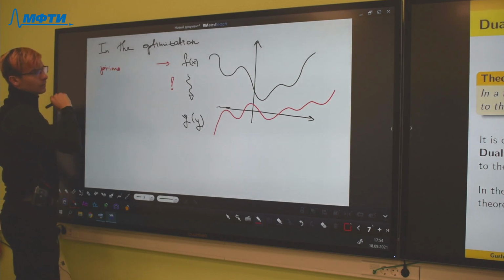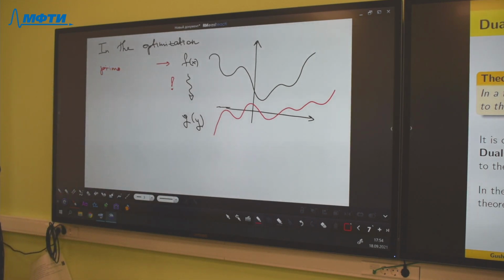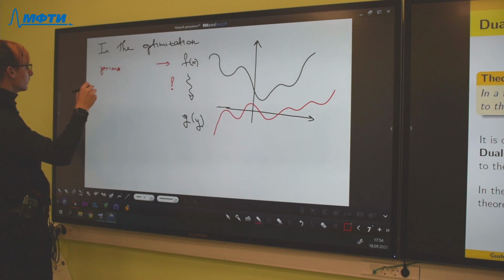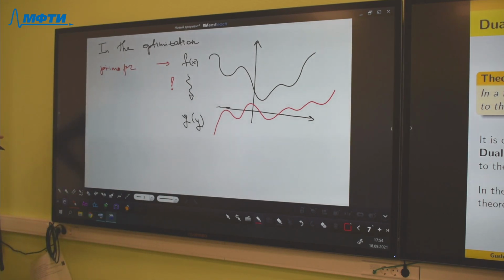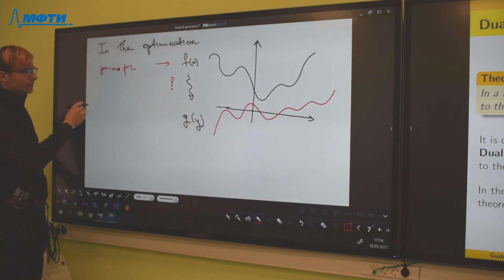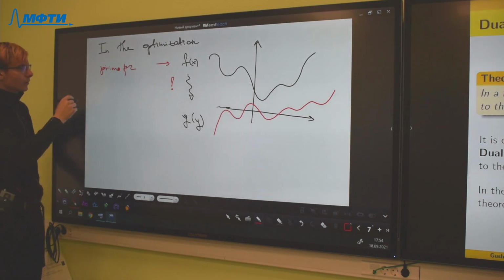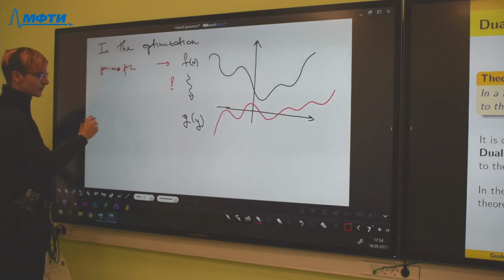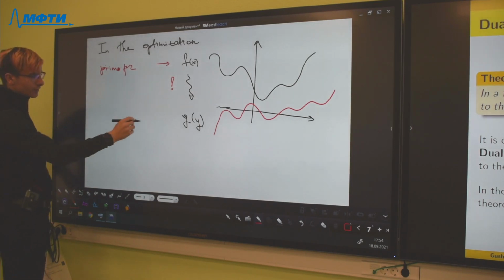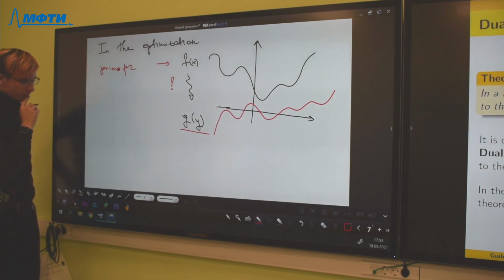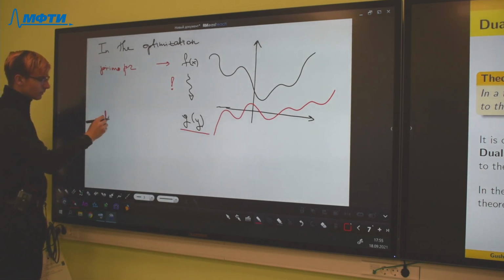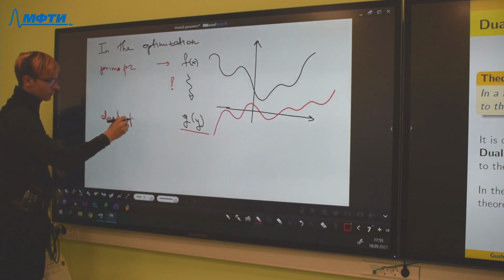The primal problem, and to understand how we can bound this problem, we need to compute this number, and it is the dual problem.